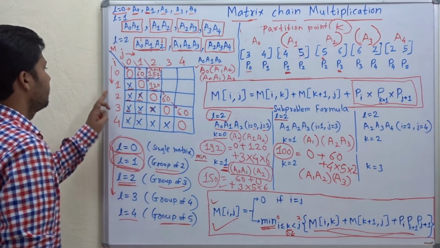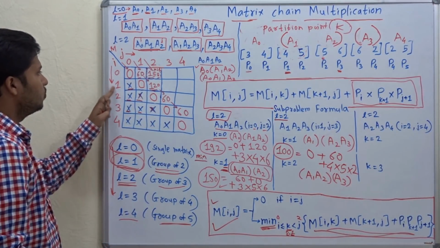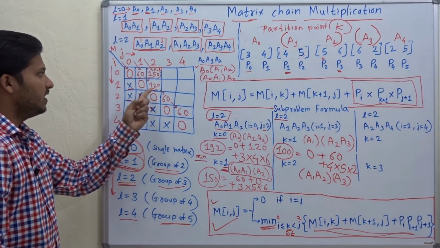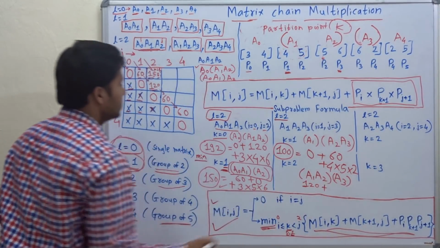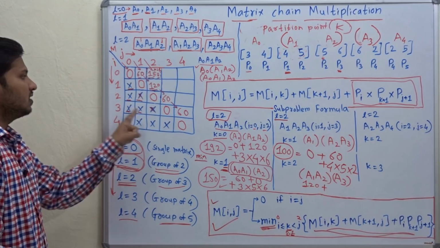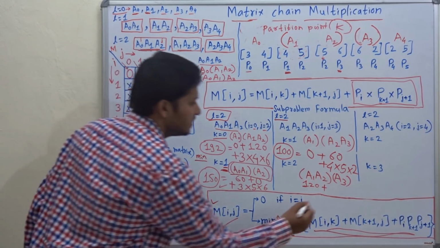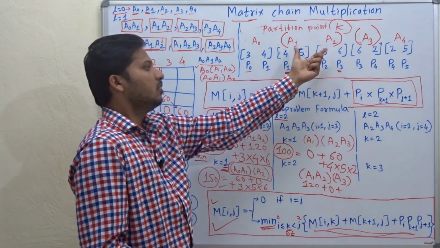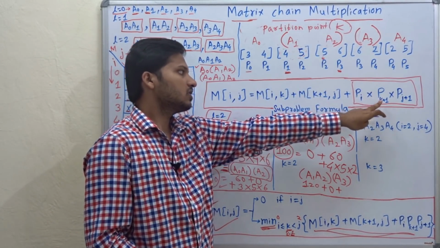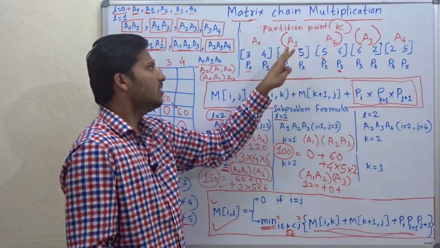See here, 1 2, so that cost is 120, plus what is the cost for A3? See, 3 3, so that cost is 0. Plus the multiplication of the results.